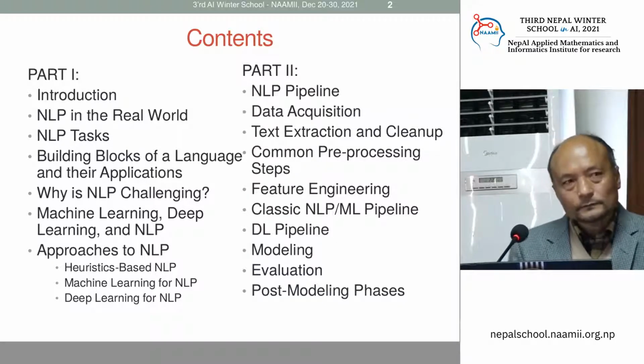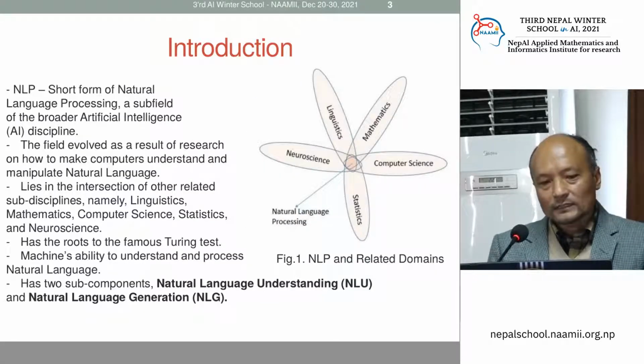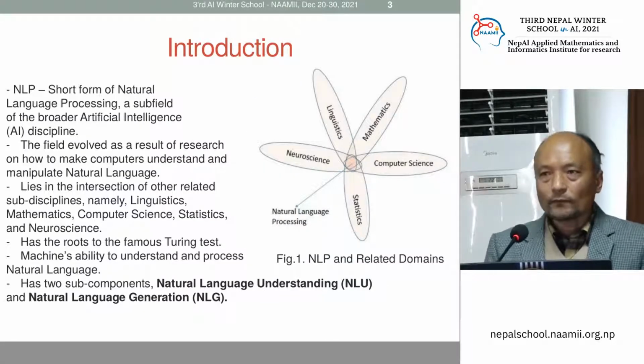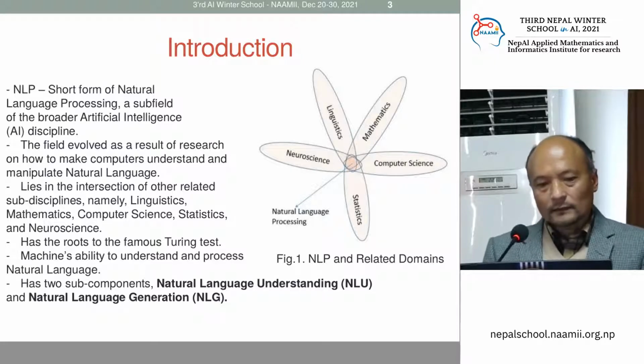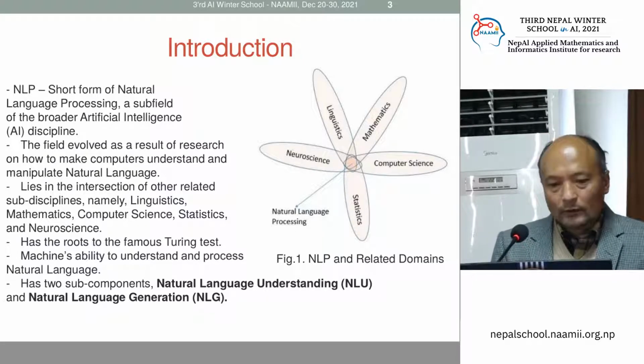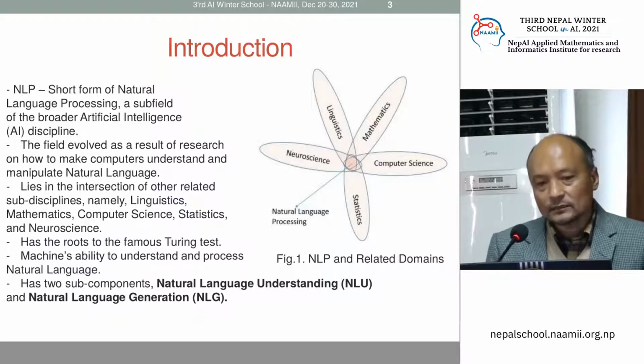So natural language processing is the short form of NLP, right? It's a subfield of artificial intelligence, that's AI. That's the broader discipline, AI. That's the superset, whereas NLP is a subset.